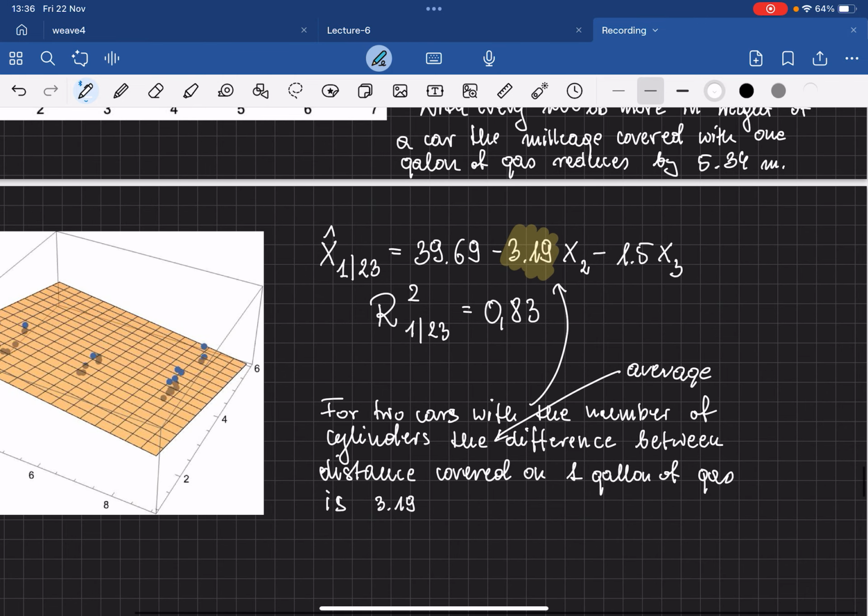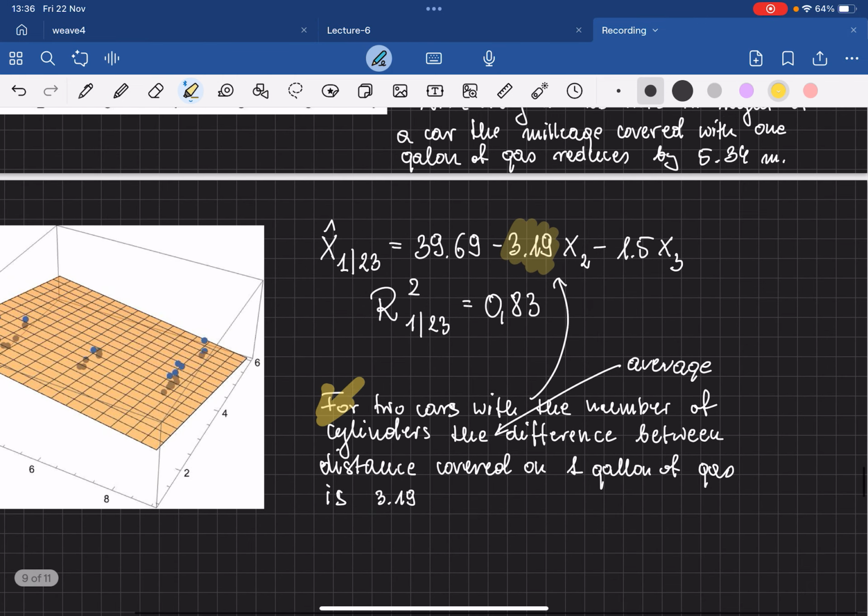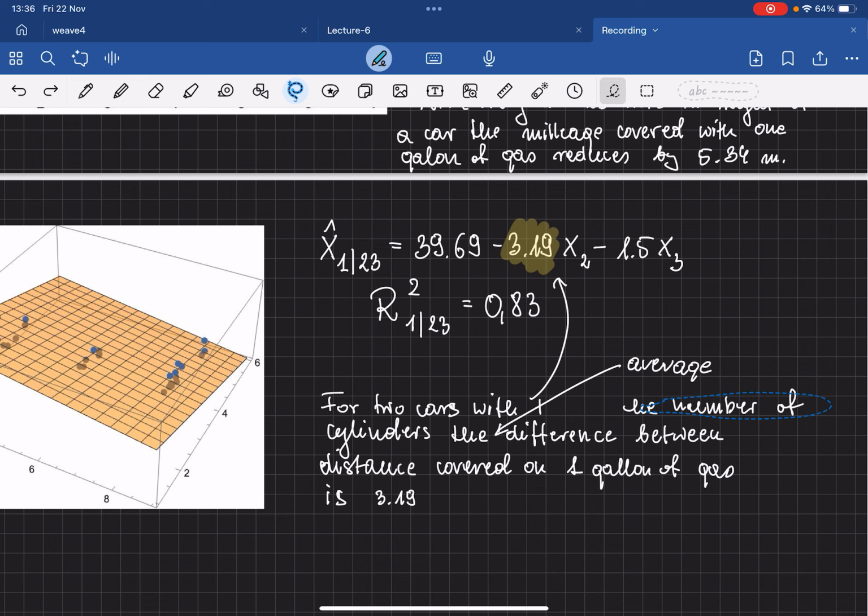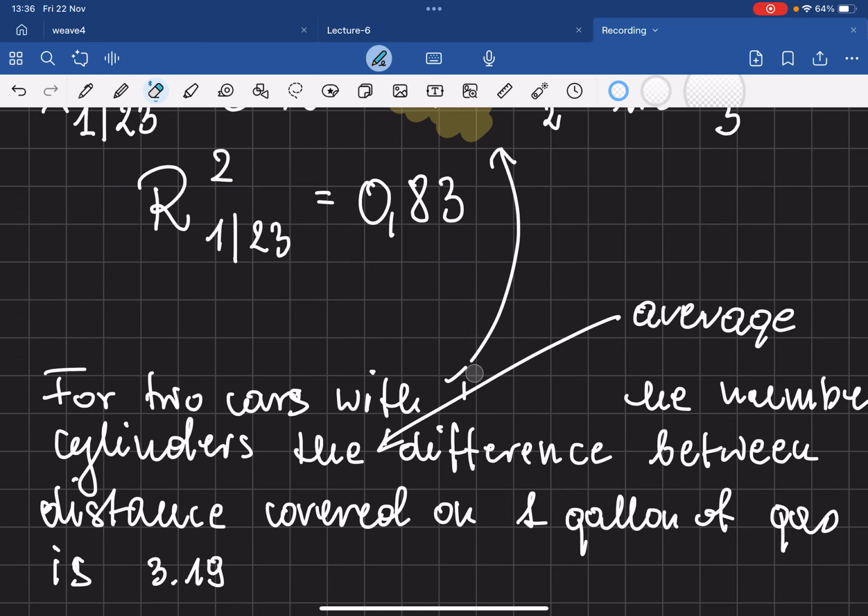But there is a problem here, because it isn't written anywhere that this is really for the same number of cylinders.